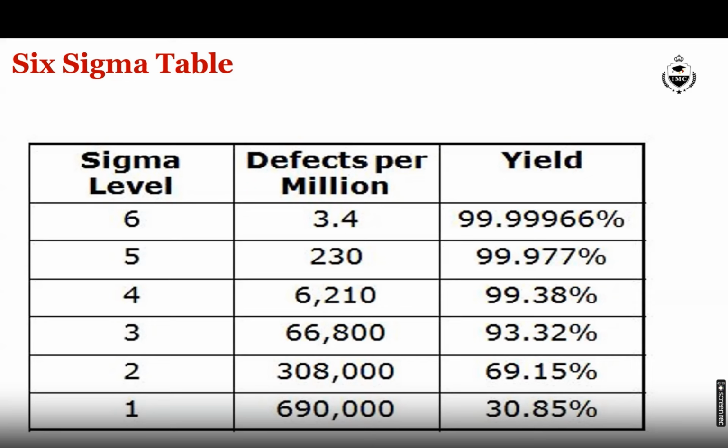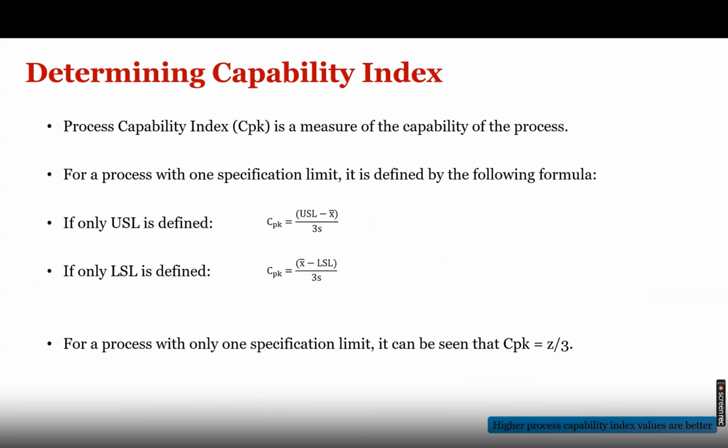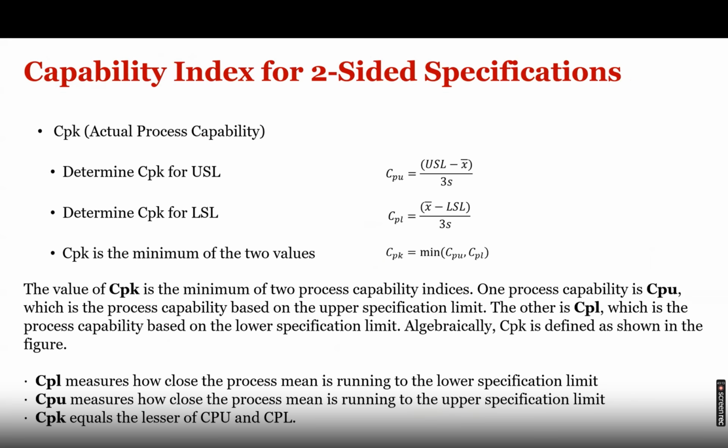The concept of process capability simply means what is my current process capability compared to the target that we have to reach. For continuous and discrete data, the process capability calculations are different. For continuous data, the process capability is calculated with a measure called CPK, the process capability index.